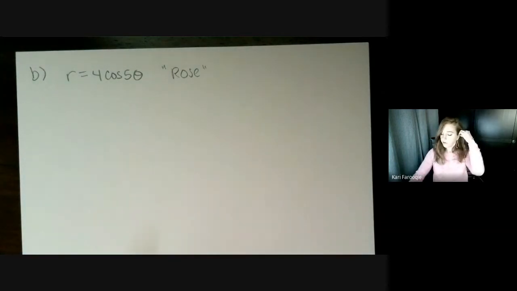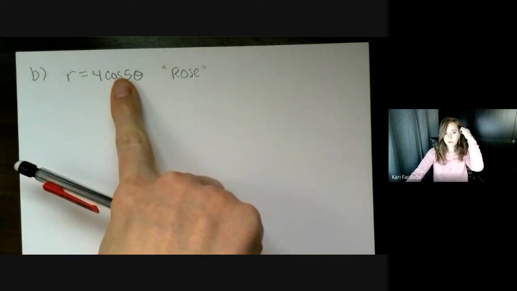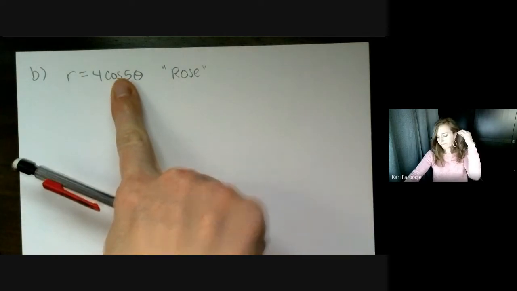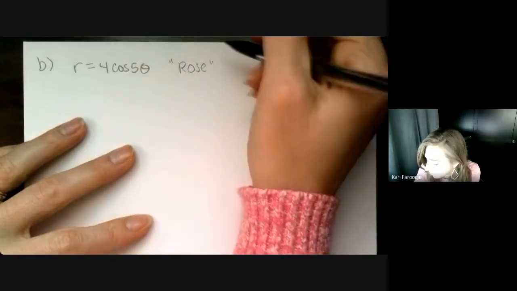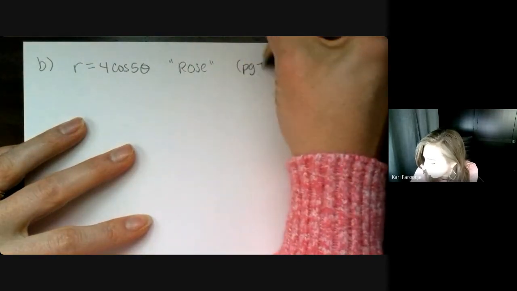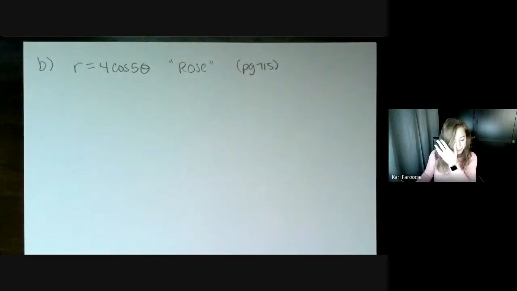But ours is going to have 5 petals because we're looking at cosine 5 theta. I kind of want to focus first on talking about the tips of the petals, just because these aren't exactly special angles. So this is a rose, and again, this is on page 715.